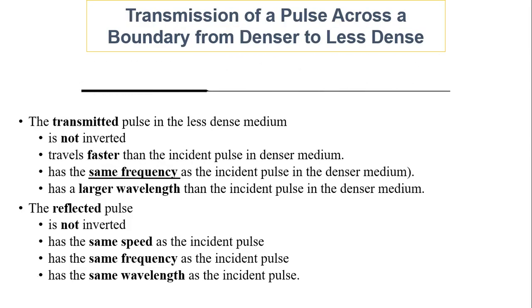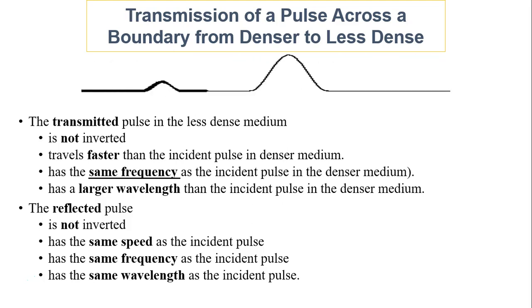Now let's take a look at transmission of a pulse across a boundary from a denser to a less dense medium. In this case, the transmitted pulse is not inverted. As a matter of fact, a transmitted pulse is never inverted. It travels faster than the incident pulse because its medium is less dense.